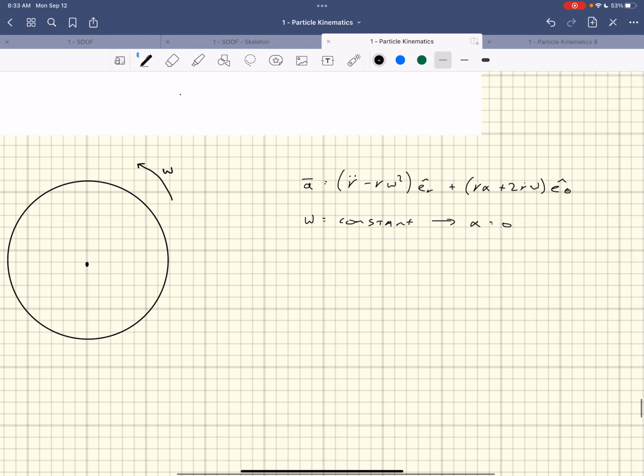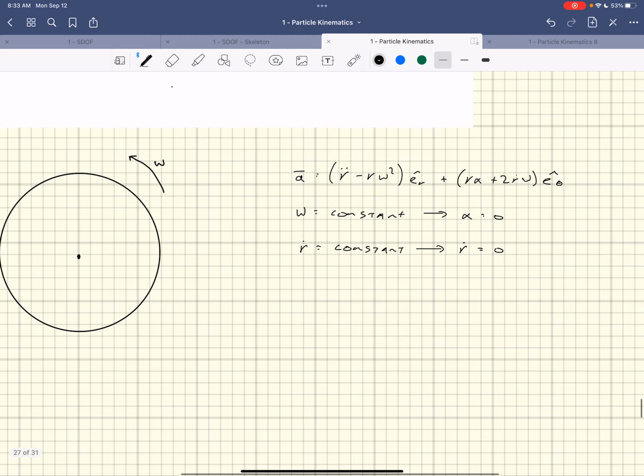If r dot is constant, then what does it tell us about r double dot? It's 0, yep. This is just an easy one. And so basically up here, r double dot goes to 0 and r alpha goes to 0.